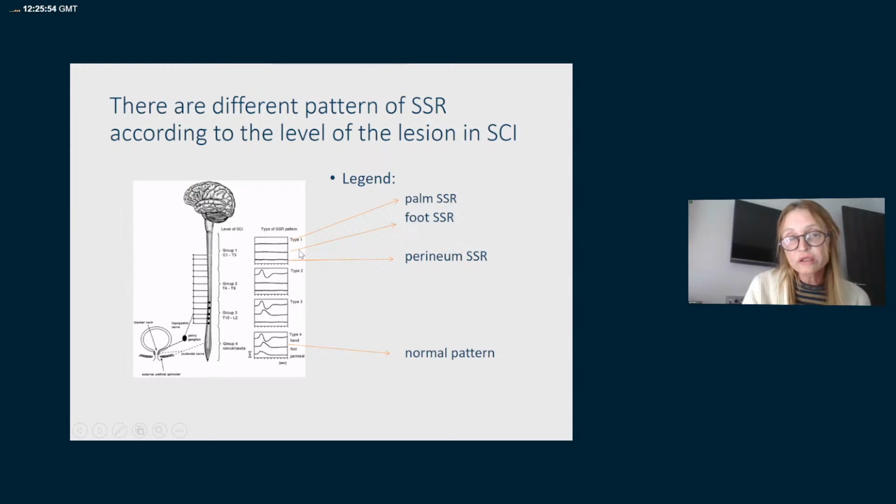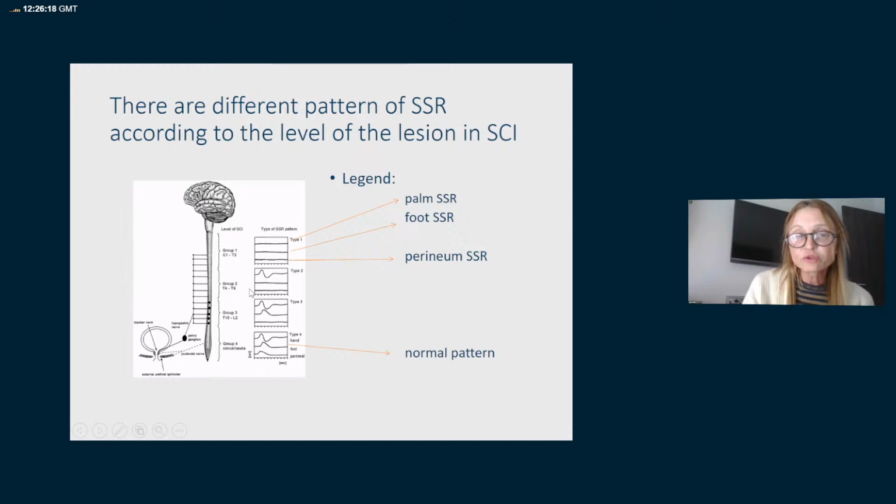For a high cervicothoracic lesion, because the lesion is above the sympathetic outflow, when we stimulate the right hand, we didn't find any answer in the palm, in the foot, and in the perineum.